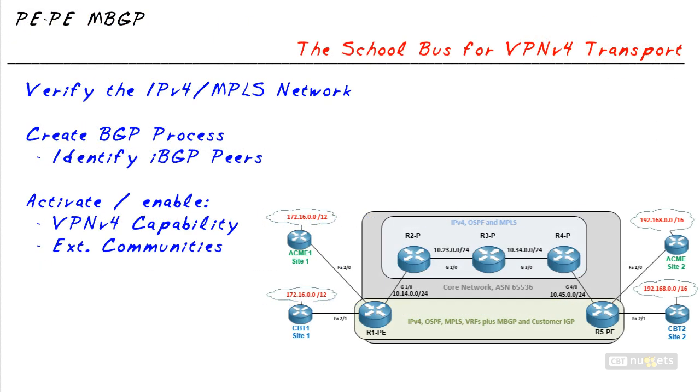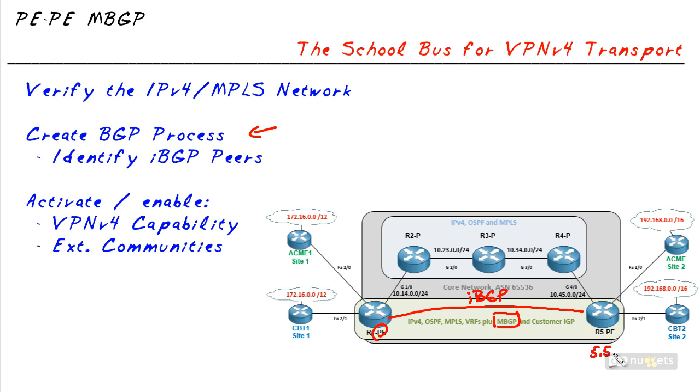Our objective for you and I in this video is simple. We want to implement this portion right here, the Border Gateway Protocol between our PEs from R1 over to R5. And this is going to be an internal BGP neighborship. They're both in the same autonomous system. When we set up BGP initially, we'll create the process, we'll identify the BGP peers. We're going to want to point to each other as peers using their loopbacks.